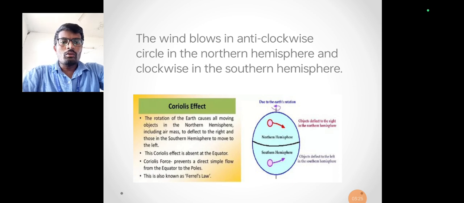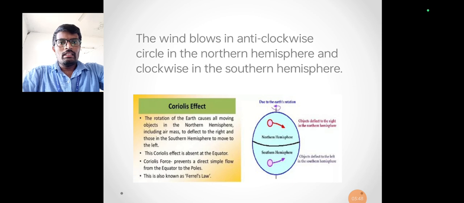Due to the Coriolis effect, the rotation of the earth causes all moving objects in the northern hemisphere, including air and mass, to deflect to the right. Those in the southern hemisphere move to the left.